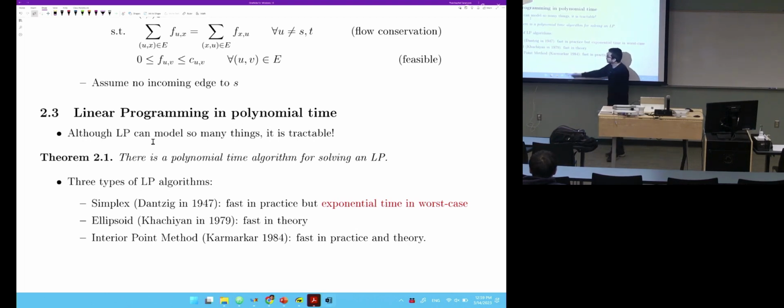And now another class of algorithm called interior point method. This is quite fast in practice and theory. In any case, in this class, I'm just going to assume that given a linear program, you can solve it, okay? And see how to use this.